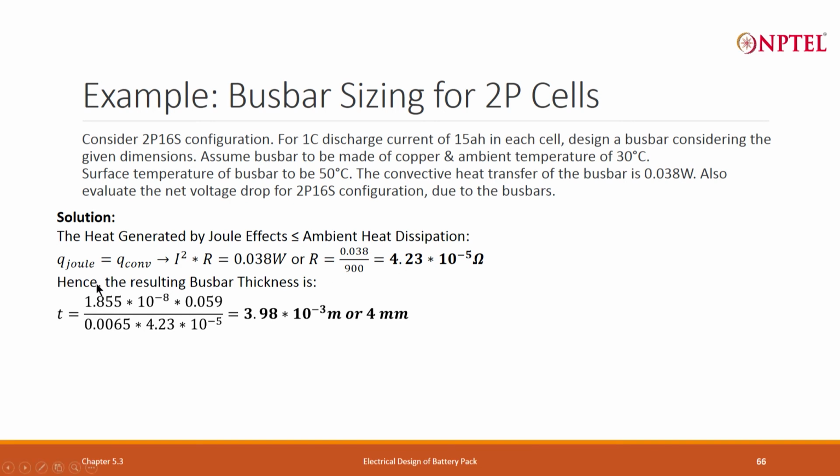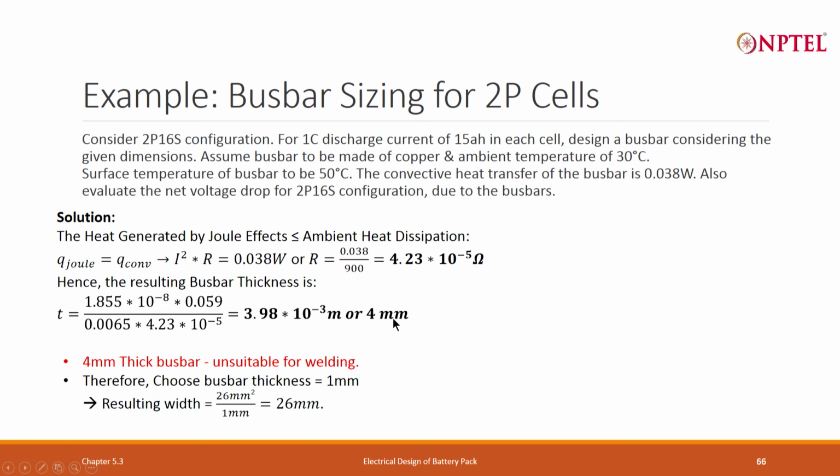So, the resulting bus bar thickness becomes around 4 mm. We get the area of cross section, we get the width, and then from that we find out the thickness of the bus bar, and that comes around 4 mm. Now, a 4 mm thick bus bar is unsuitable for welding.